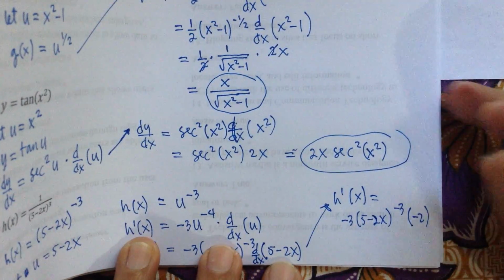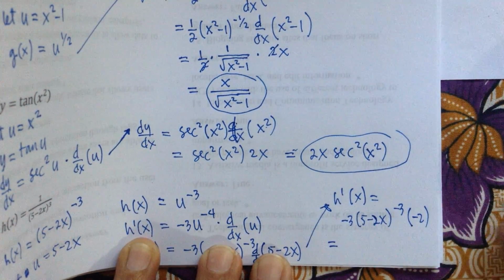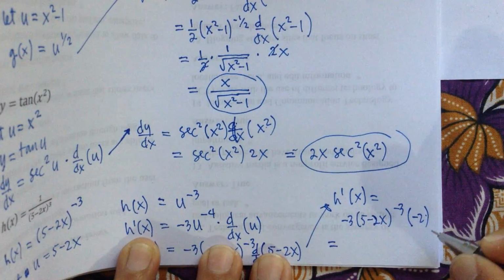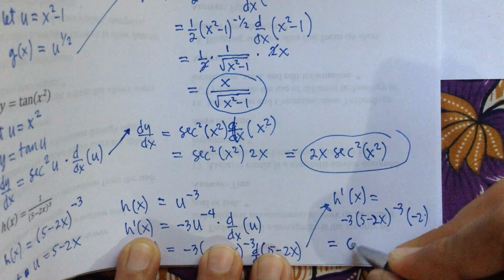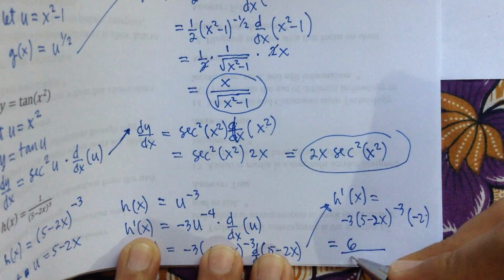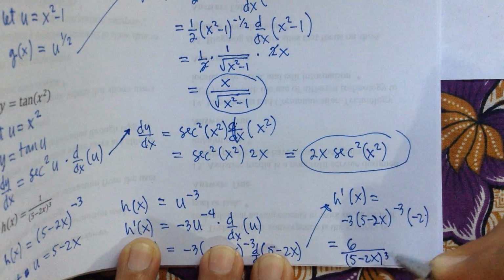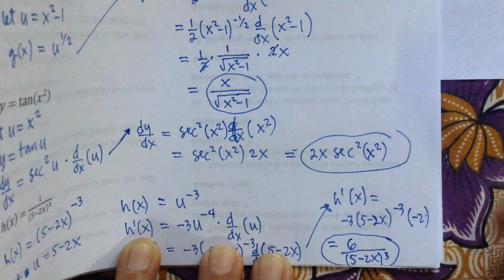It's negative 2. And simplifying, we have negative 3 times negative 2 is 6. This one is negative, so we can put that into the denominator, to the fourth power. Okay, that's it.